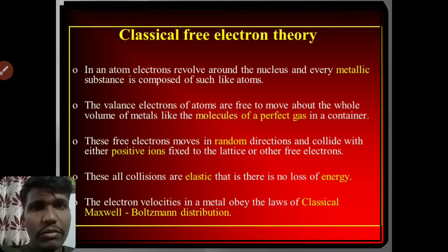If an inelastic collision were produced, energy would be lost. But elastic means the electrons flow in an aligned direction, so there is no loss of energy. The electron velocity in a metal obeys the classical Maxwell-Boltzmann distribution.